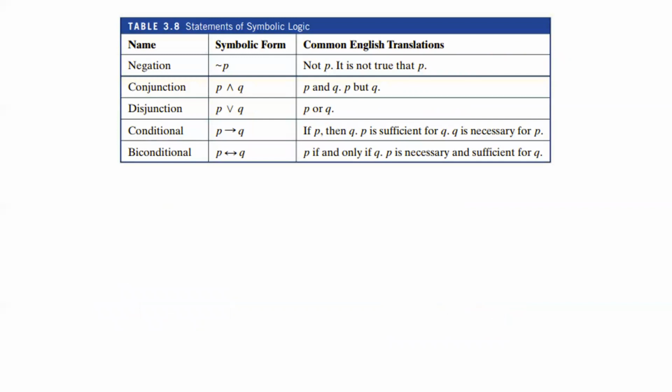This is a nice table to represent all of the symbols that we've seen in the section. Definitely something you should put on a note card if you're going to make note cards. We have our negation, our conjunction, which is our and statement, our disjunction, which is our or statement, our conditional, which is the if then statement, and our biconditional, which is the if and only if.